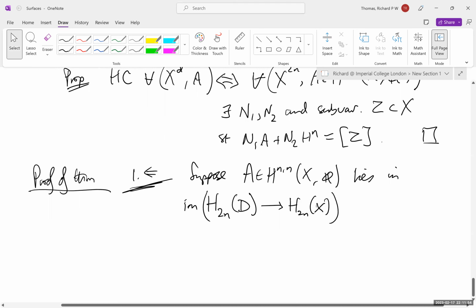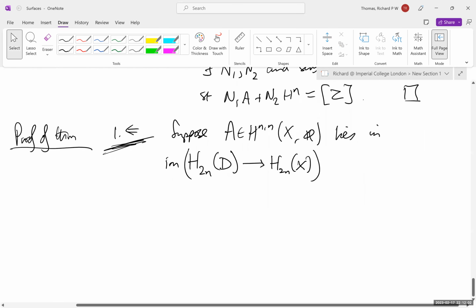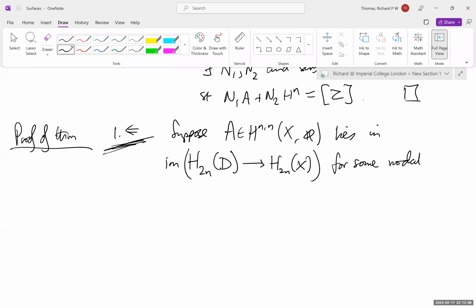Okay, and for now, as I said, I could take this divisor to have any singularities I like, but today what I'll do is I'll prove the special case where D is nodal, a nodal hypersurface.